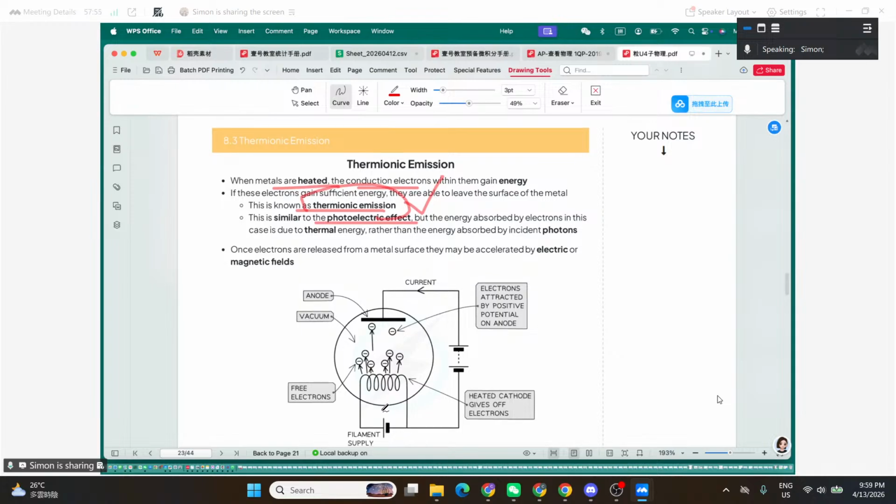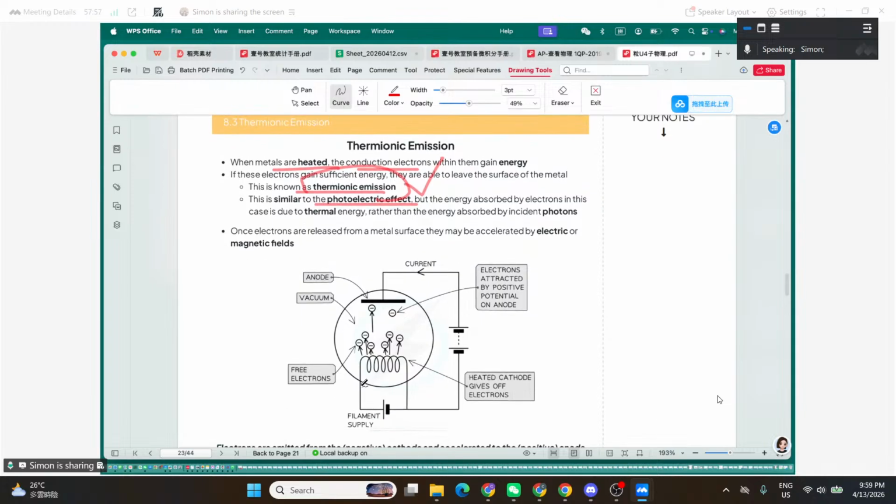If there is heating on the metal and the electrons leave the surface of the metal, this phenomenon is called thermionic emission.